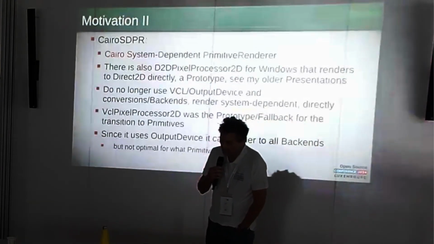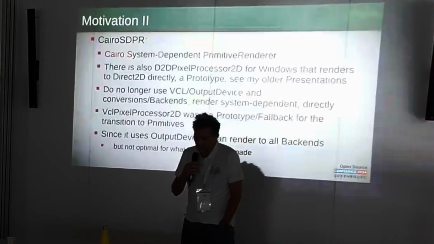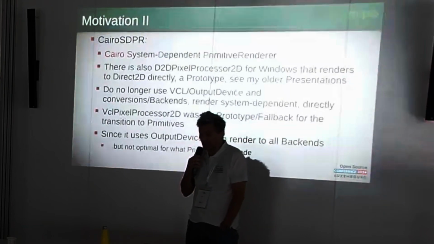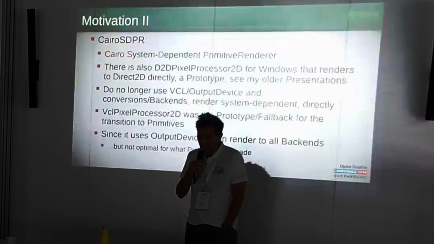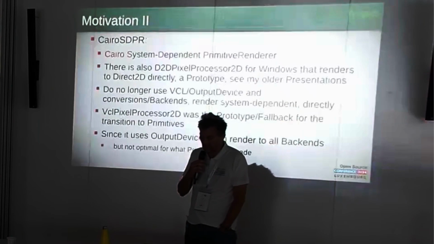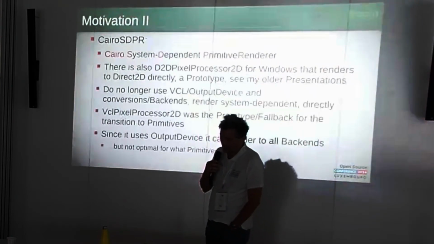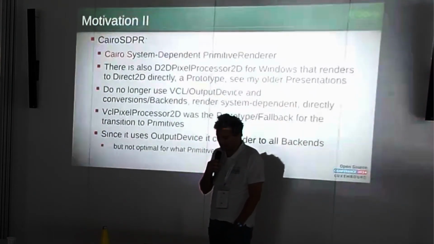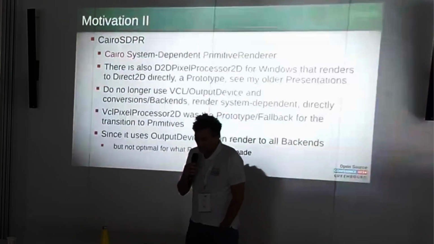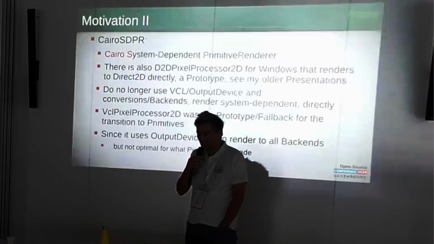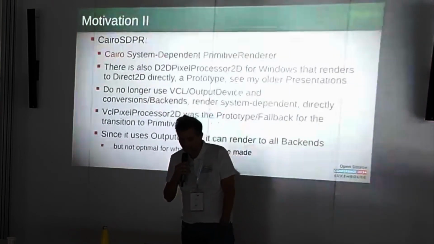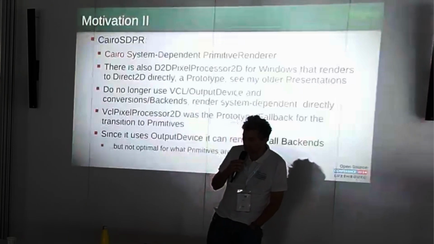And I used Direct2D because we didn't have it yet, and I wanted to try out how adaptable this idea is to a modern graphic backend. So it worked pretty well, but it stayed a prototype. I had not the resources to get this to product quality.